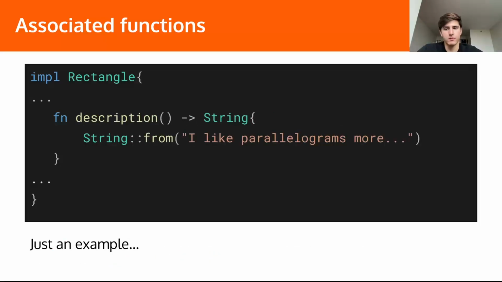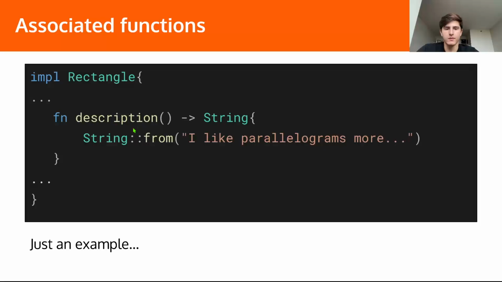So here's another example. You have rectangle here, and you have a function description which doesn't take in a rectangle. So just like String::from is an associated function of string, description is an associated function of rectangle. So rectangle description has nothing to do with any instance in particular.